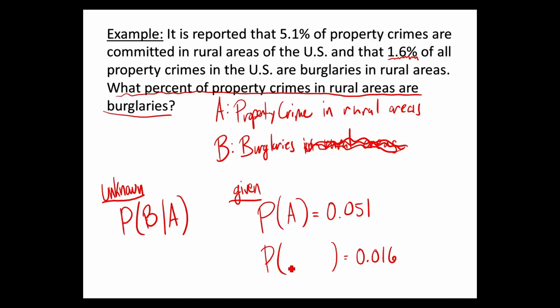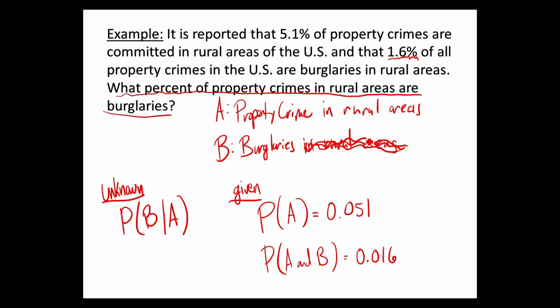What goes right here? Is that just B, the probability of just burglaries overall? Oh no, it's A over B or B over A, one or the other. A and B. I think it is. Isn't that exactly A and B?